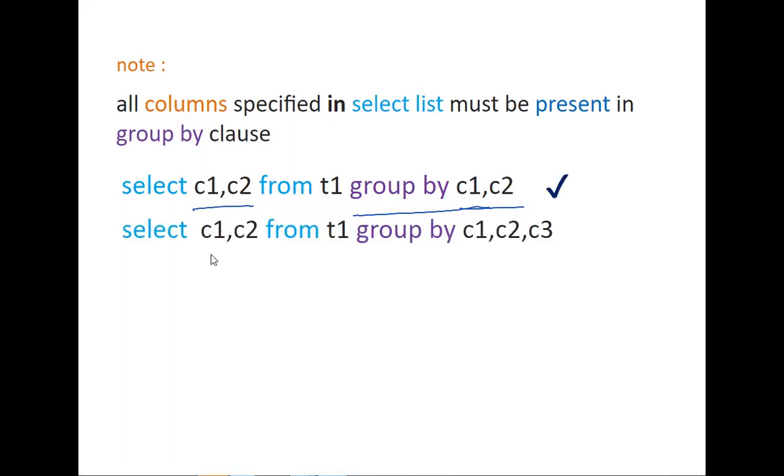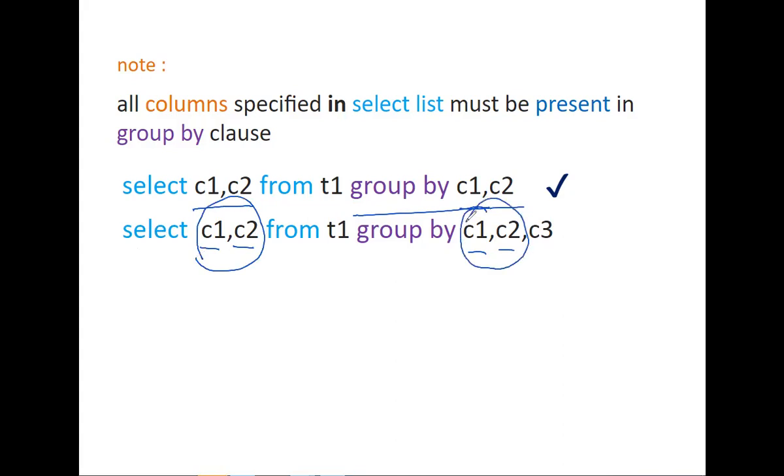Next, select C1, C2 from T1, group by C1, C2, C3. Here, will it work? Is it correct or not? In the select list, I have C1 and C2. In the group by list, I have C1, C2 and C3 also. But whichever columns are present in the select list, they are there in the group by list.